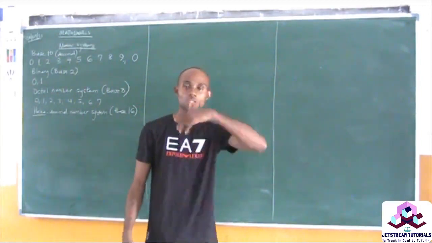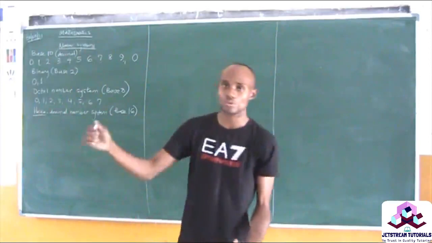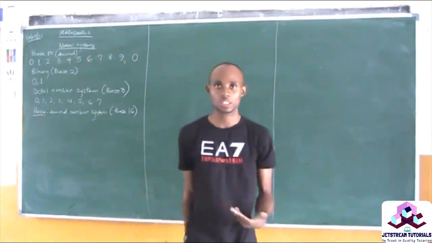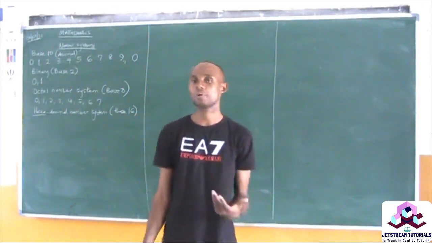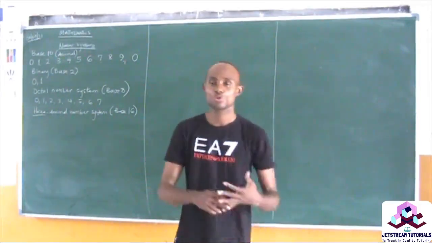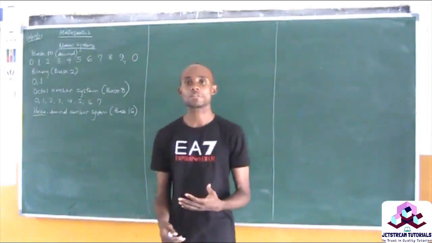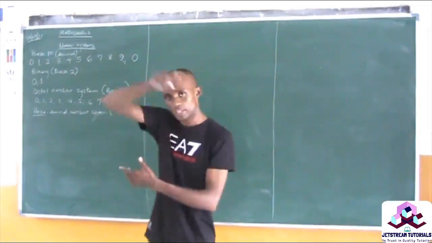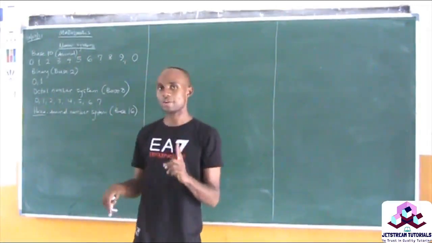So that means if you have numbers extending from 0 to 10, exceeding 10 up to 15, that is the hexadecimal number system. It comprises numbers from 0 to 15. When we observe, from 0 to 9, it has completed the 10 number system, right?